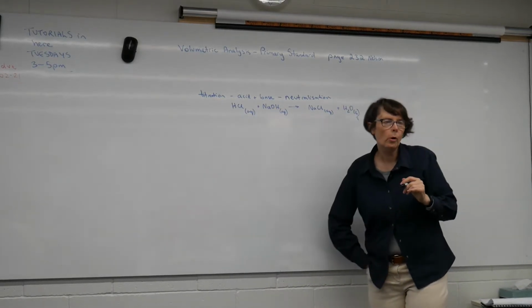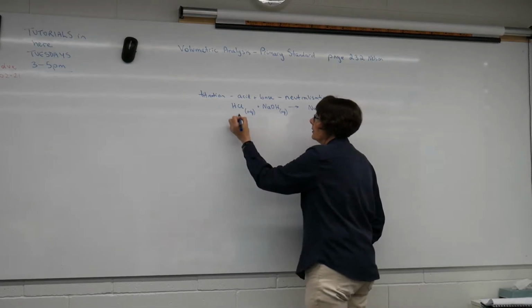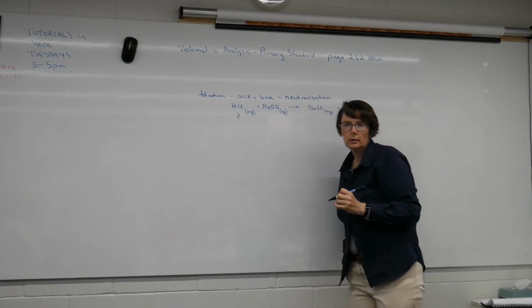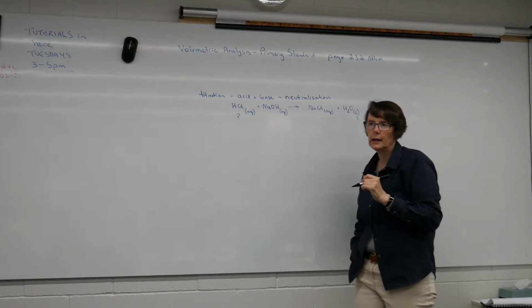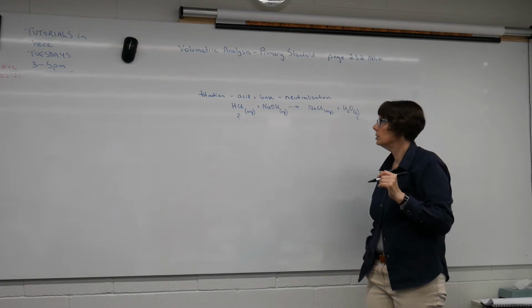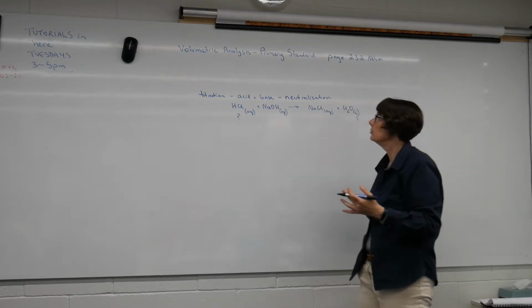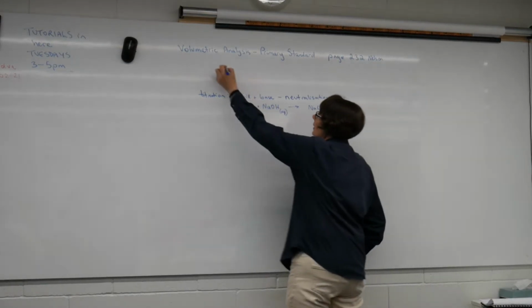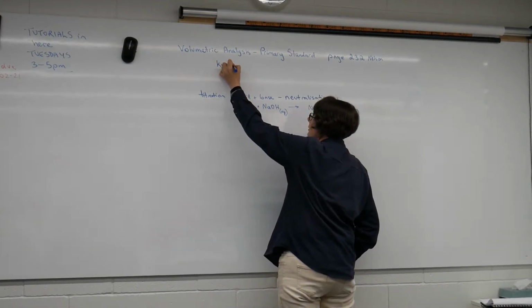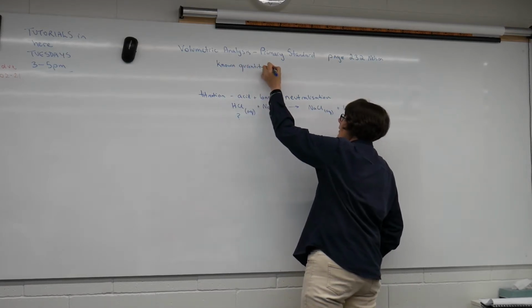And what we're going to do is, this will be our unknown. The concentration of the hydrochloric acid is our unknown. So in order to find that in any titration, remember we're titrating a known quantity against an unknown.